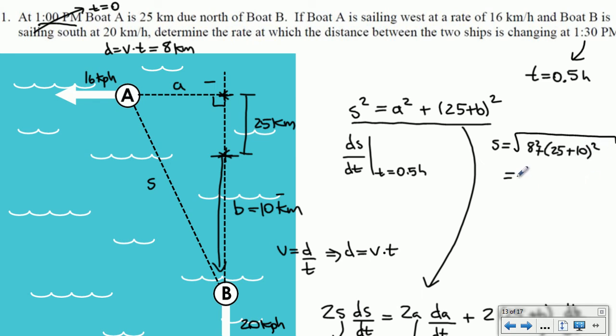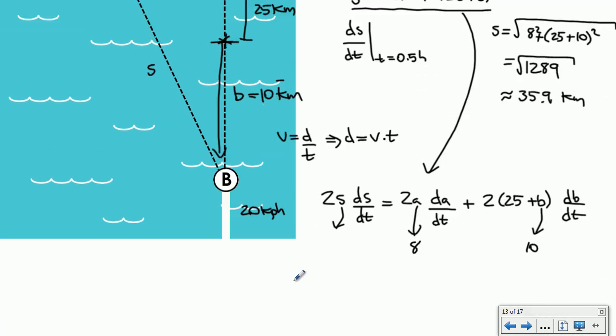And after some simplification, you'll get square root of 1289, which is about 35.9 kilometers. So that's this distance here at 1:30. So now we have, I think, everything that we need. That was 35.9 kilometers, or root 1289.